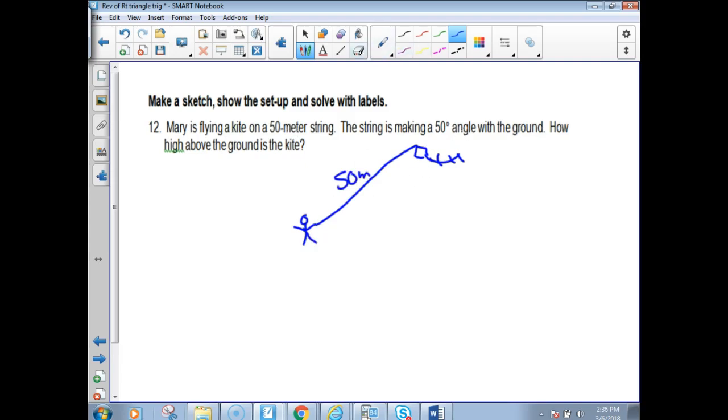Oh, wait a minute. So Mary is lying down. Sorry, couldn't help it. All right, and she's got the string in her teeth. Okay, so now this is 50 meters, and the angle with the ground is 50. Okay, how high above the ground is the kite?